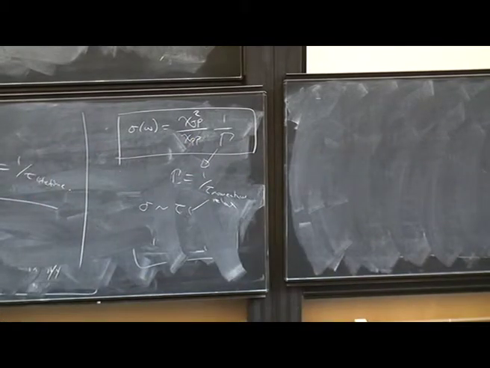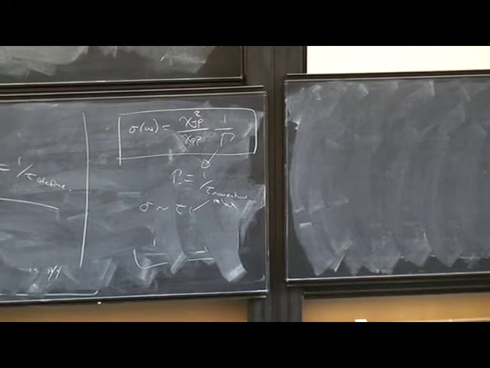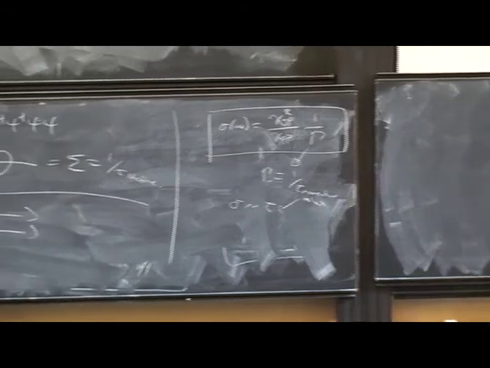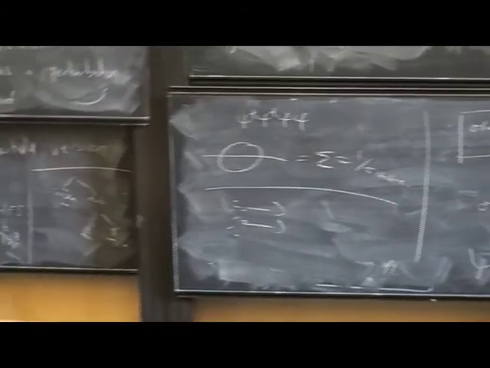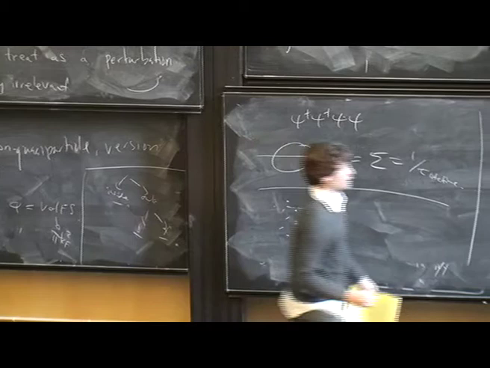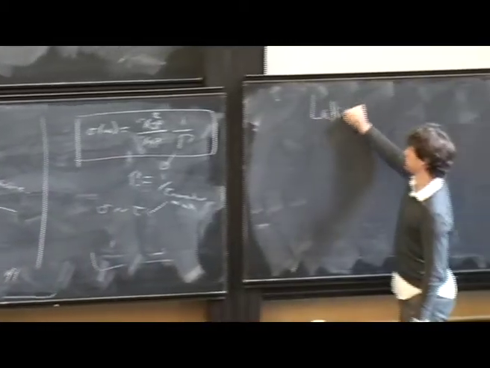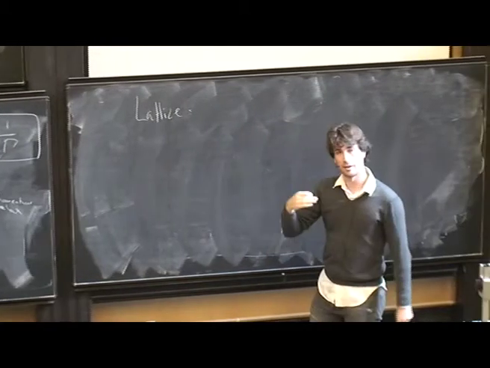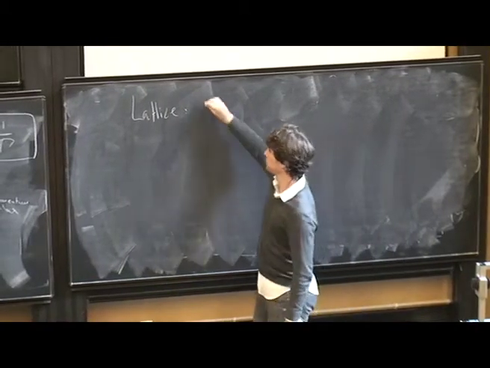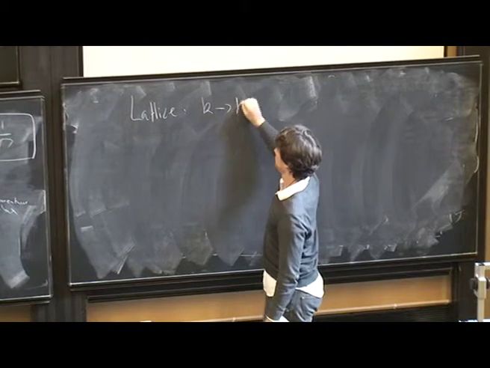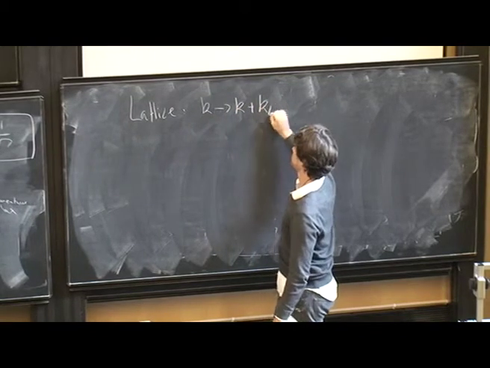Good. Now I'm going to give you a formula for gamma, and this will connect with the first part of this lecture. To begin with, let me specialize to the case of a lattice. A lattice almost conserves momentum. A lattice allows you to violate momentum, but only by k going to k plus k lattice.